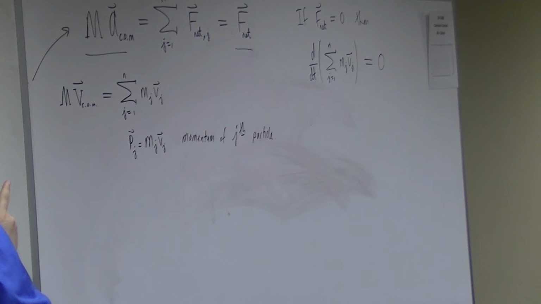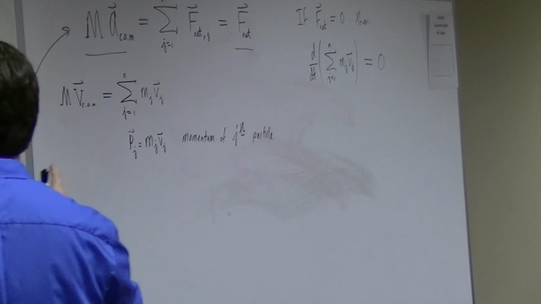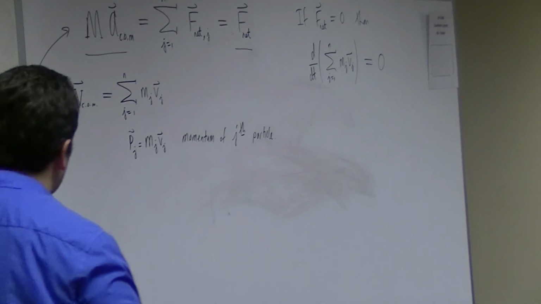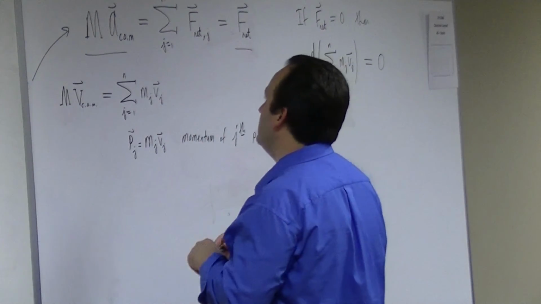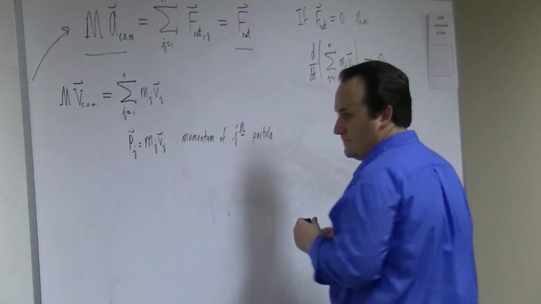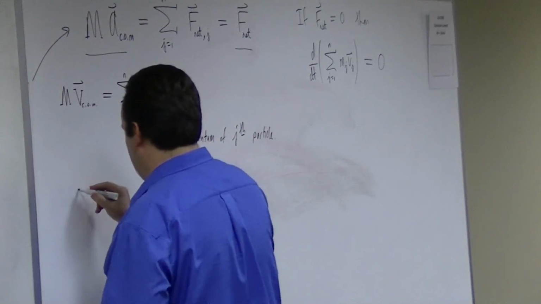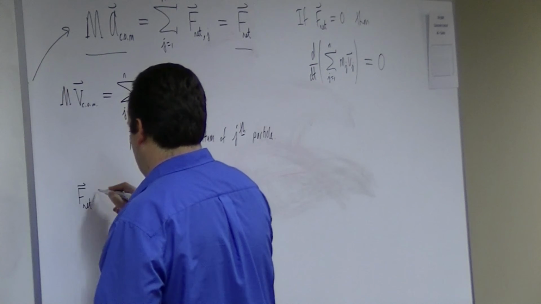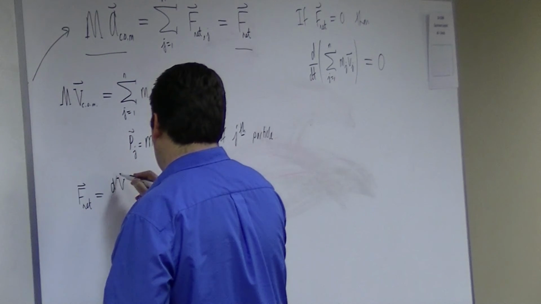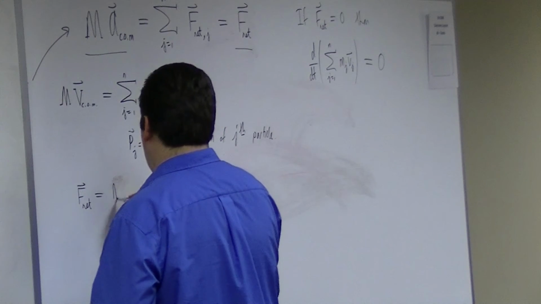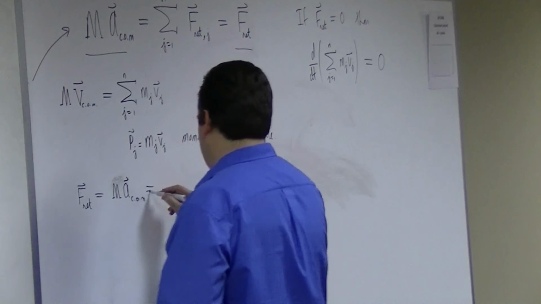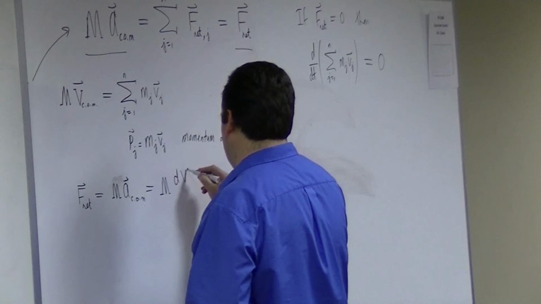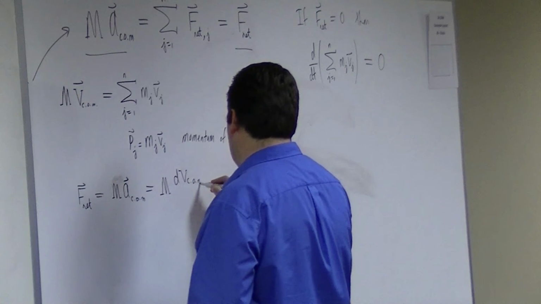So, acceleration. Let's see here. If the net force is 0, that gives me, right here, F net is equal to the total mass times the acceleration of the center of mass, right? But that's equal to the total mass times the time derivative of the velocity of the center of mass.